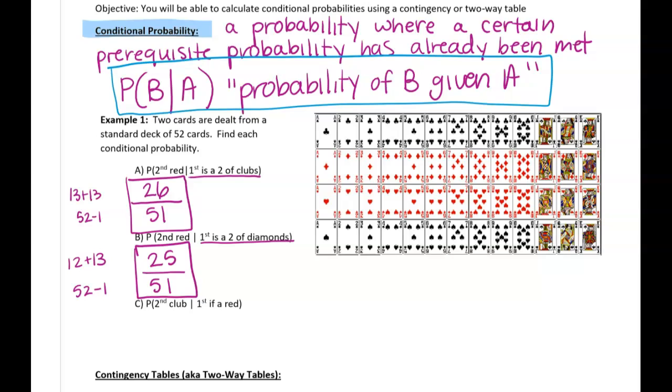And the change here was that the first card was red. The probability that the second is a club if the first is a red. Well, if the first one is a red, it doesn't matter what it was. We drew 1 card, so we have 51 left. For clubs, we have 13 clubs. We haven't used any yet. So our probability is 13 out of 51.